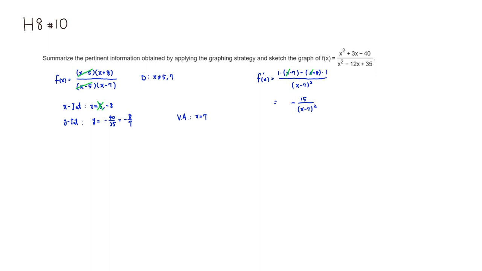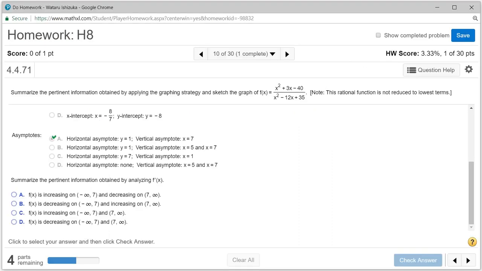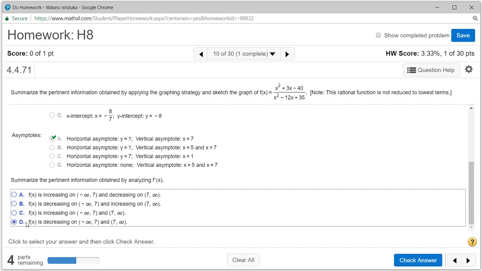This means that this derivative is always negative. As long as it's defined, it's always decreasing. So it's going to be decreasing on, actually none of these. How come? All right, I'm going to have to take a chance. It's decreasing on, I think this is the closest one.